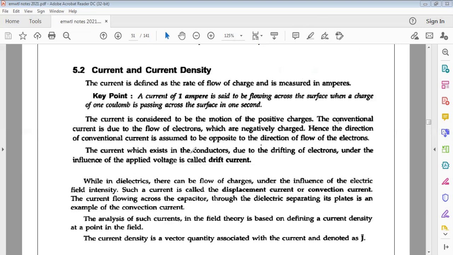The current which exists in conductors due to the drifting of electrons under the influence of an applied voltage is called drift current.